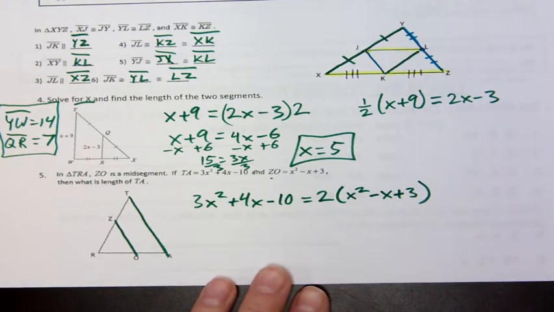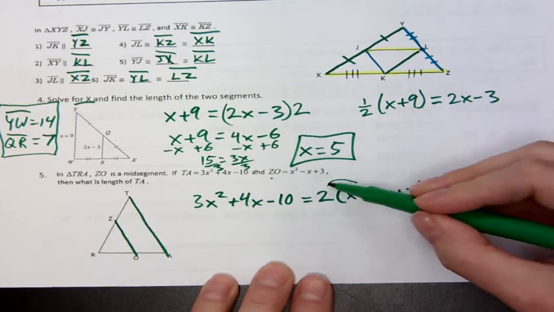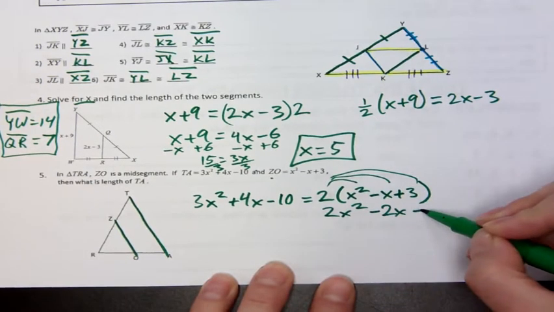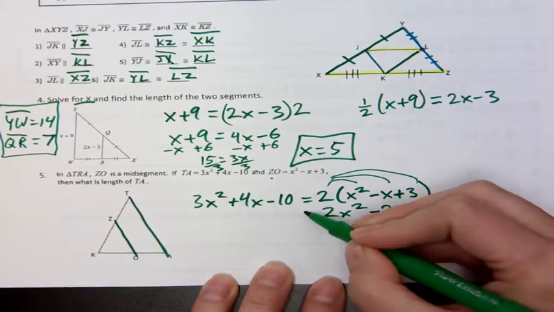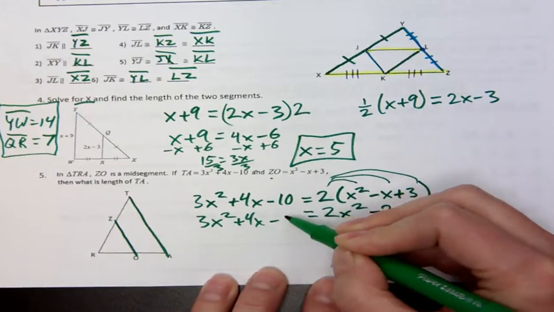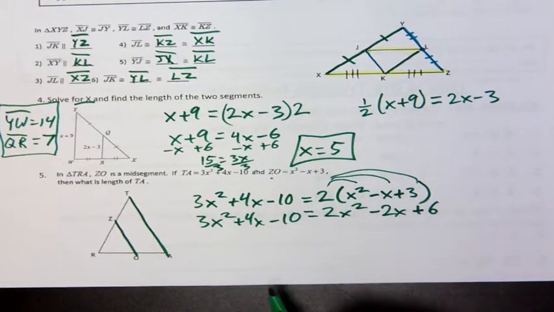What's my first step to solve it? So I just go through the steps. 2x squared minus 2x plus 6. Who remembers when we have trinomials, what format we need to get it into to solve?